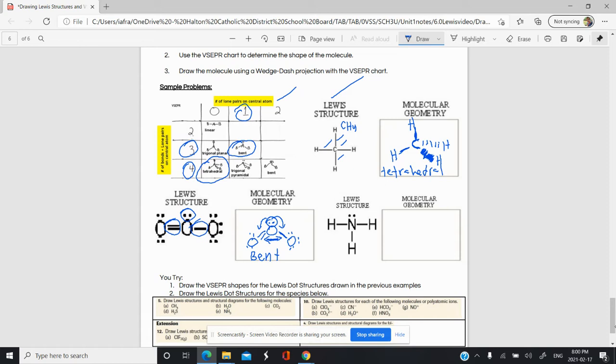Now, let's try this for ammonia. So we have 4 regions. So back here, how many lone pairs? 1. So we have trigonal pyramid. And so we're going to have our nitrogen like this. We're going to have 1 wedge coming out at us.